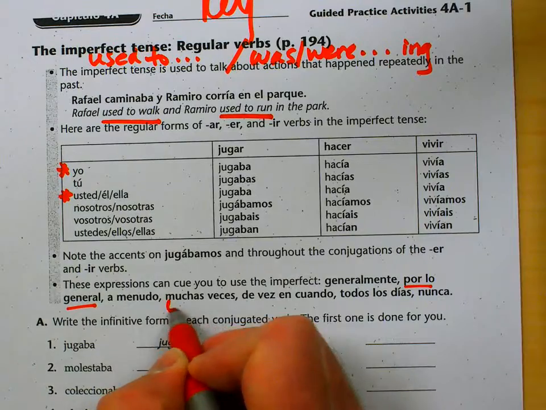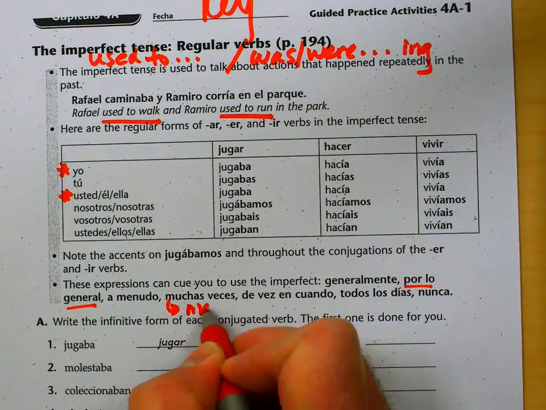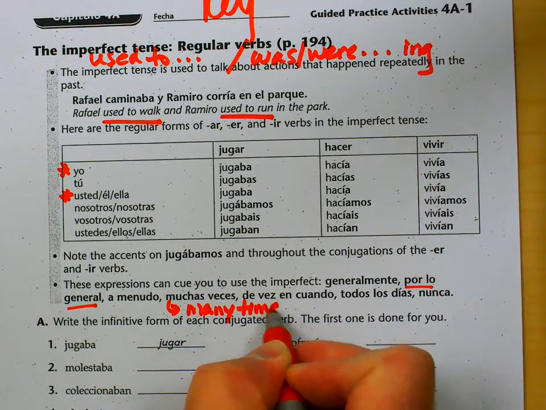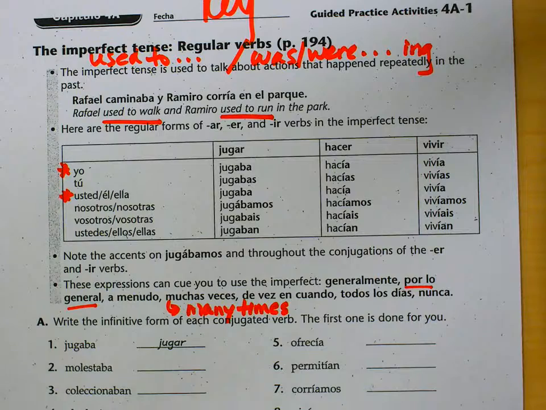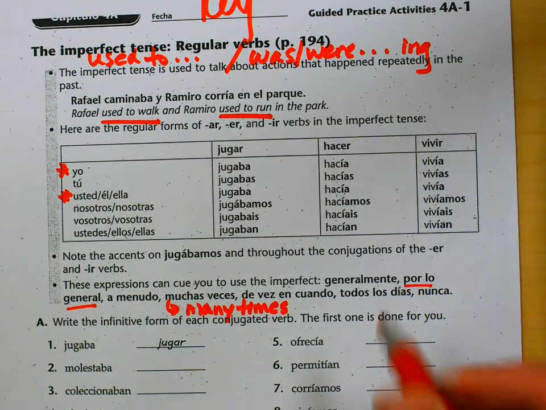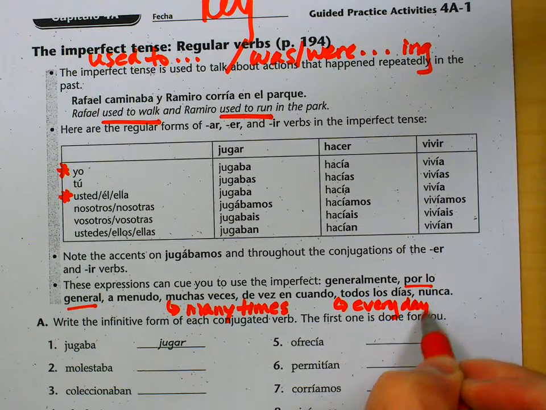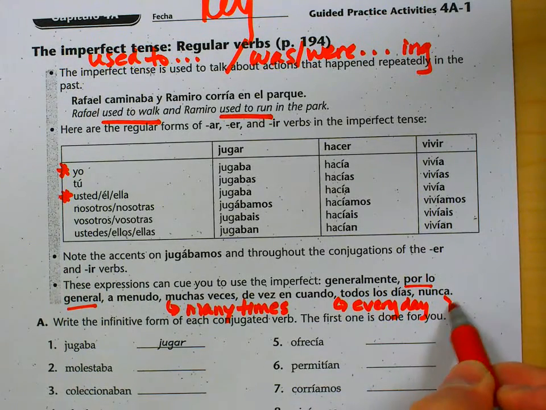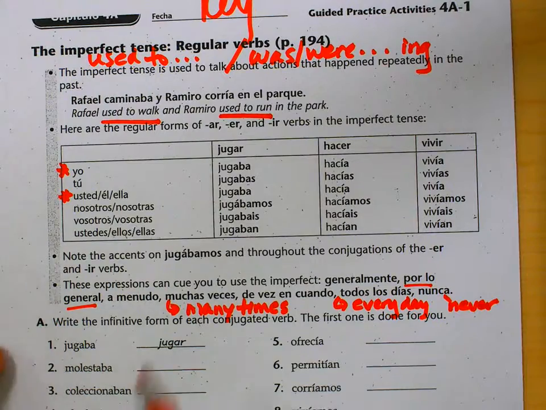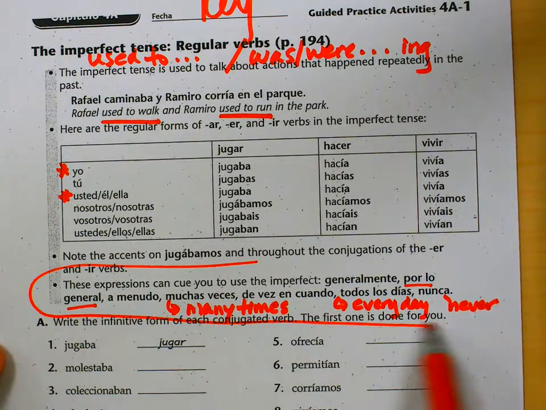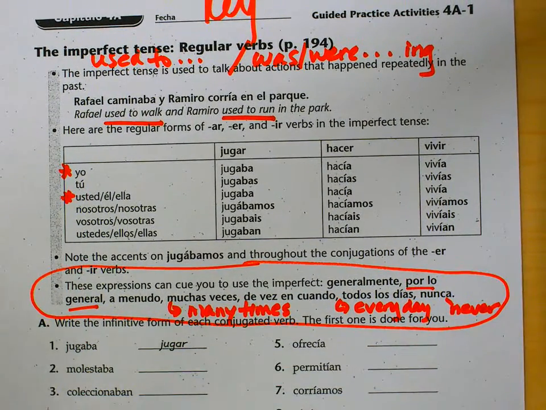That one was not on our vocab list, but that means many times. And de vez en cuando was on your vocab list. That means once in a while. Todos los días means every day. Nunca means never. So when you use these buzzwords, and I'm going to put them in a great big circle here, it makes it sound like the action actually happened repeatedly in the past.